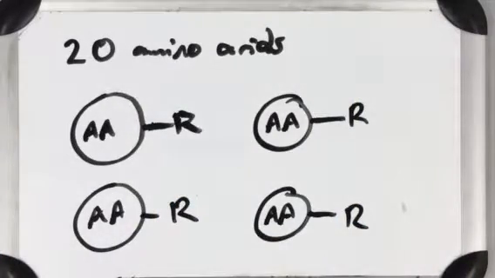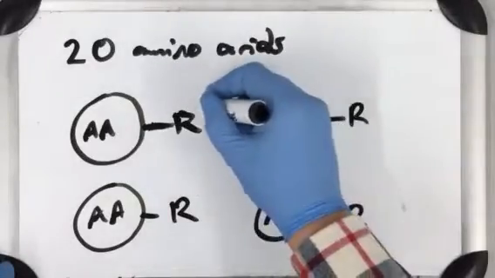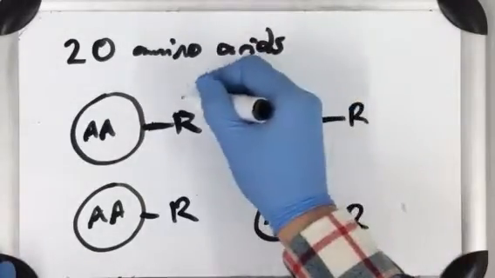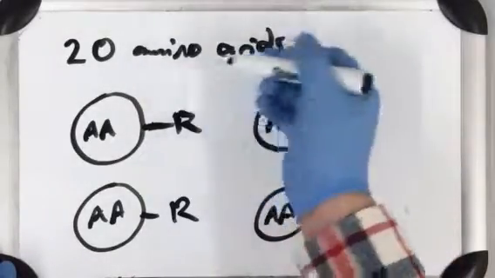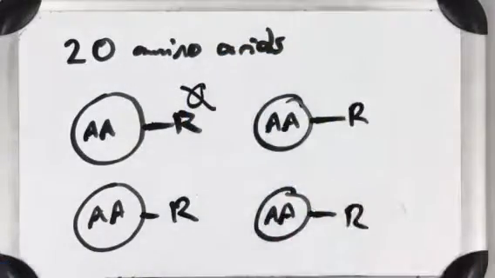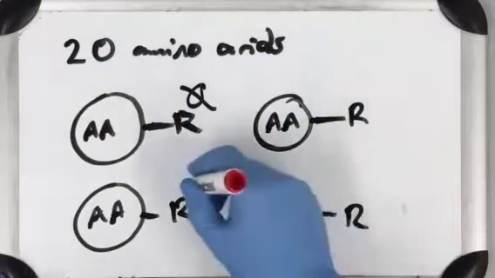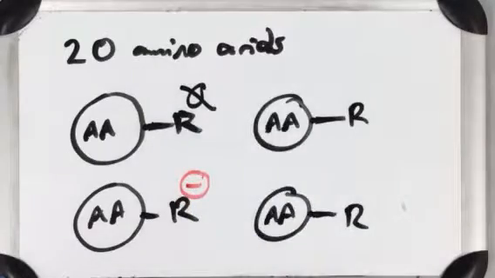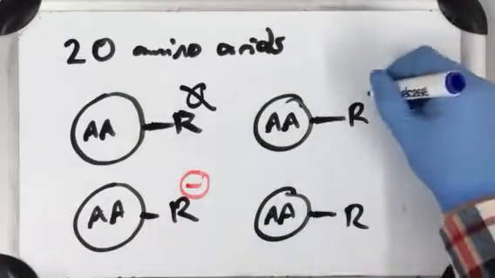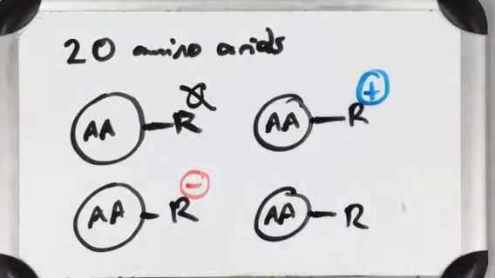Some of these are neutral, they're just a carbon and another hydrogen. Some of these have inherently negative charges on them, while others have more positive charges.